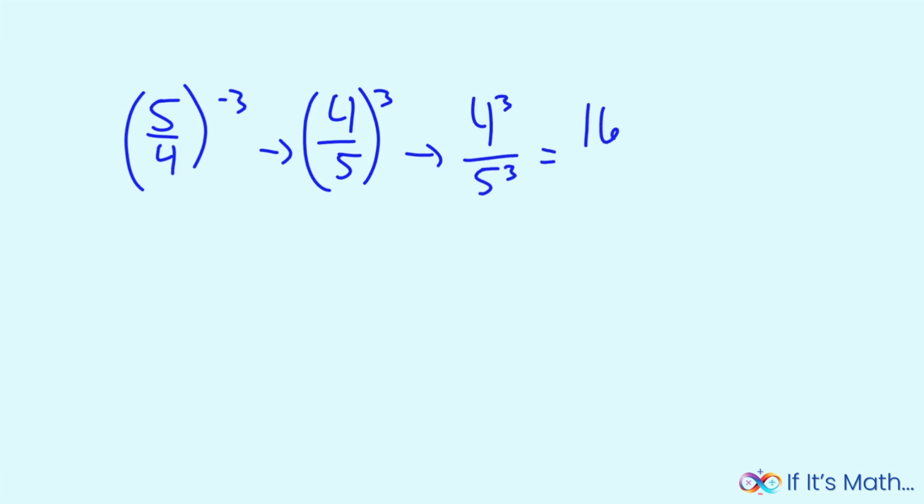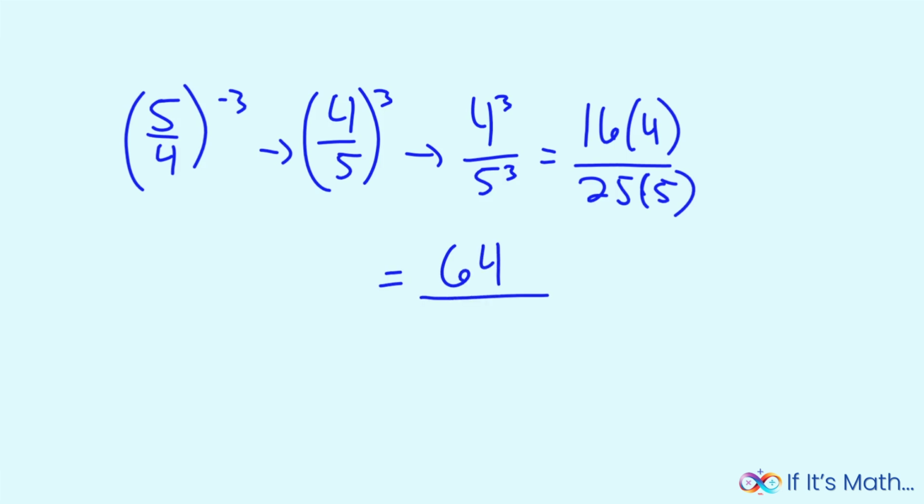So that's going to be 16 times 4 divided by 25 times 5. And that gives you 16 times 4 is going to give you 64. 25 times 5 is going to give you 125. So again, just to walk you through it, you have 5/4 raised to the -3. So you flip it around, get 4/5 raised to the +3. Then you raise each number separately to the 3rd, and then just work out the math to get down to 64 over 125.